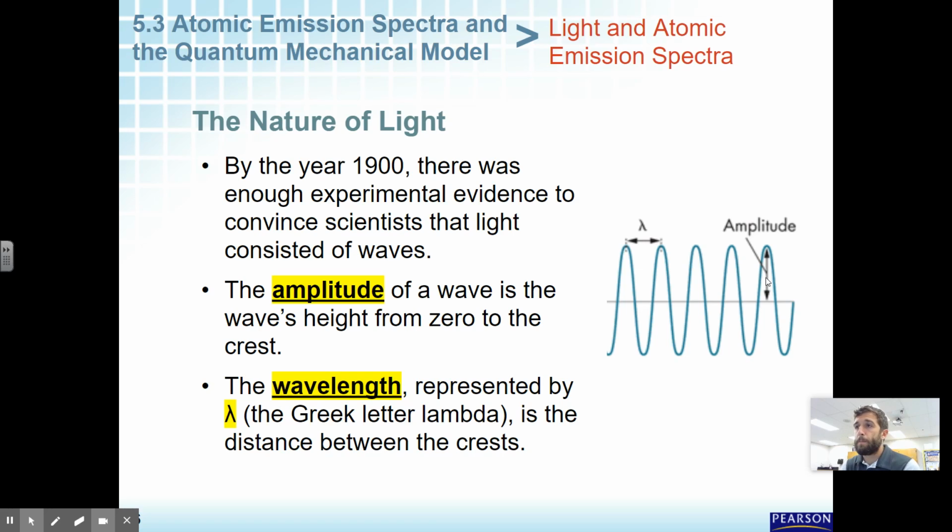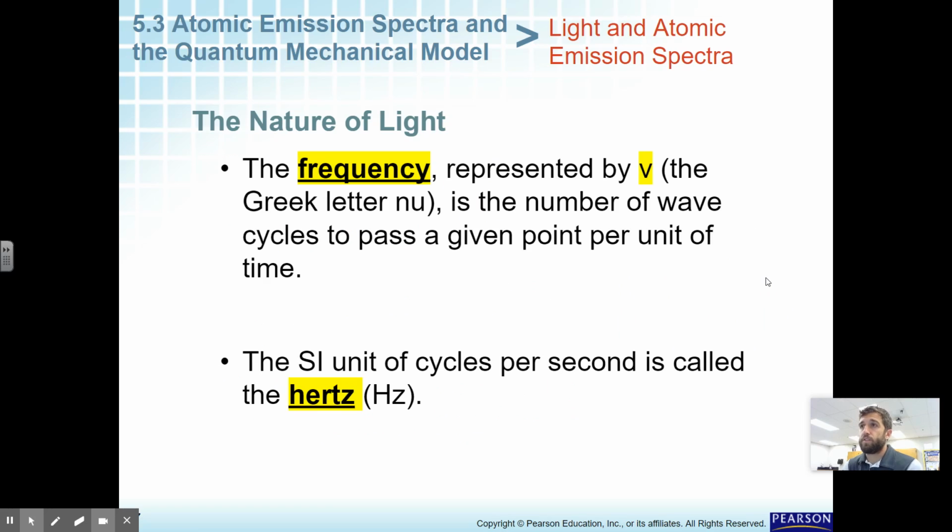Okay, so there's a little bit of math in this section, a little bit of formulas we're going to have to use. The next property of light that we need to talk about is frequency, and that is represented by nu, the Greek letter nu there. It is the number of wave cycles to pass a given point per unit time. Usually it's in hertz, which is what you see underneath this. It's inverse second is what hertz is.